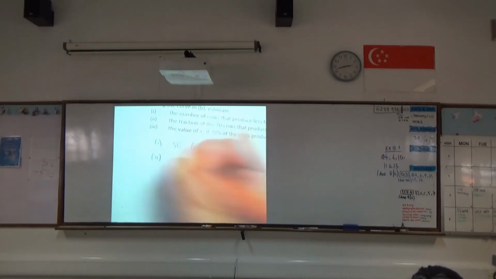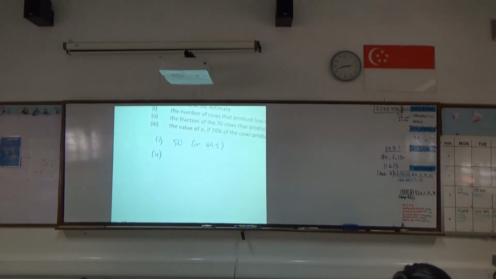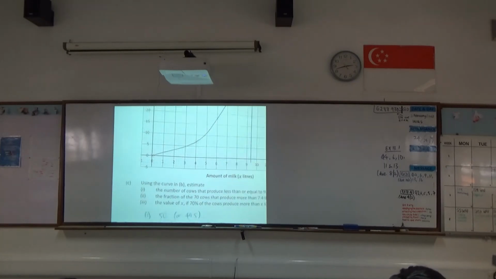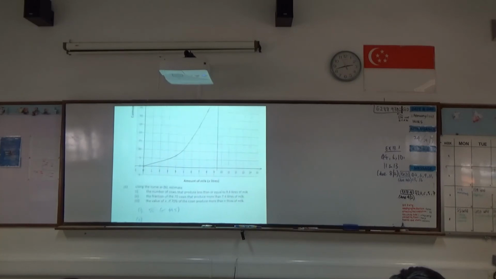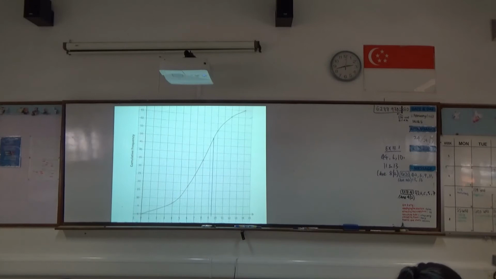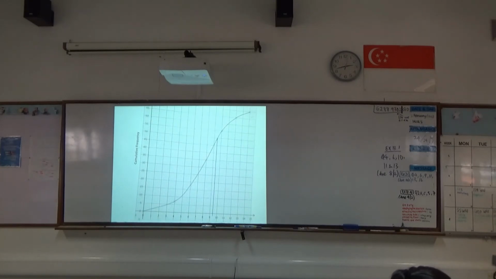So then part 2, the fraction of the 70 cows that produce more than 7.4 liters of milk. What would your answer be in this one? Dylan, what's your answer? It's part 2. 41 over 70.